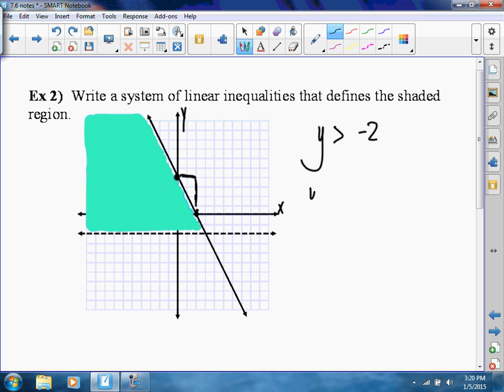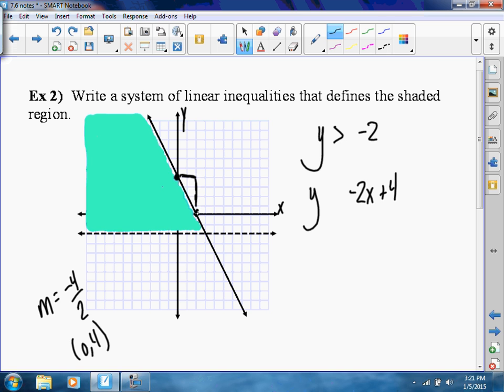So let's see, it's going to be y. And my slope, let me make a little note over here. We said it was down 4 and over 2. So that would reduce to -2x. And my intercept, we said, was 0, 4. So that would be a +4.